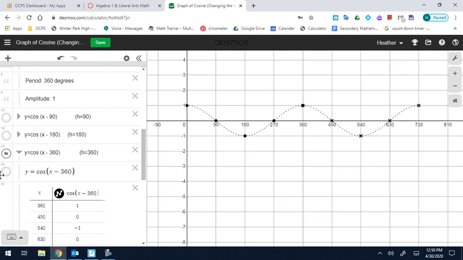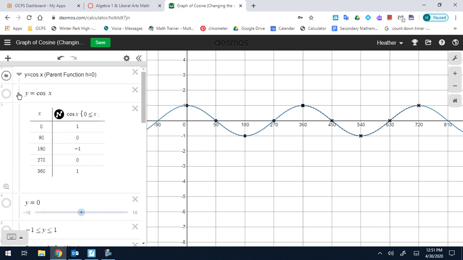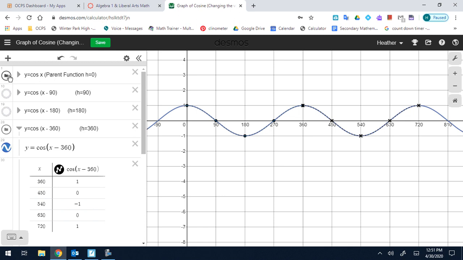That's a complete cycle. So it ends up being the exact same graph. If I move to the left 360 degrees, the same thing will happen. So this became this. Adding 360, adding 360. Okay, so that is why this one ends up looking exactly the same as this one. Because they are exactly the same. They're equal. It's actually one of our identities.